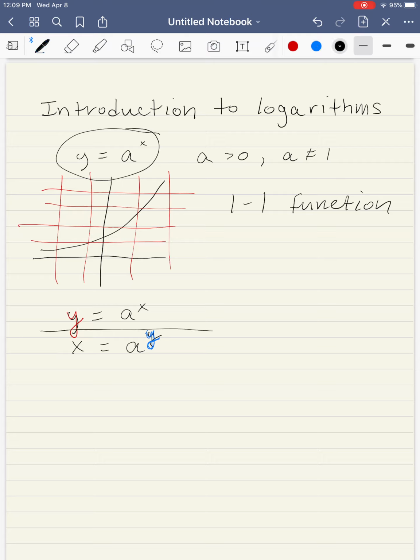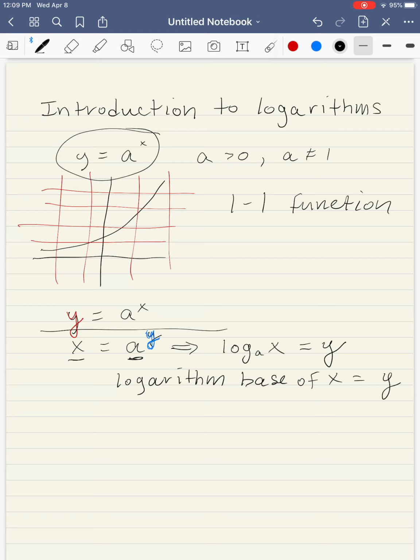And we can rewrite this statement as a logarithm. So we would say the logarithm base a of x is equal to y. Logarithm base a of x equals y.